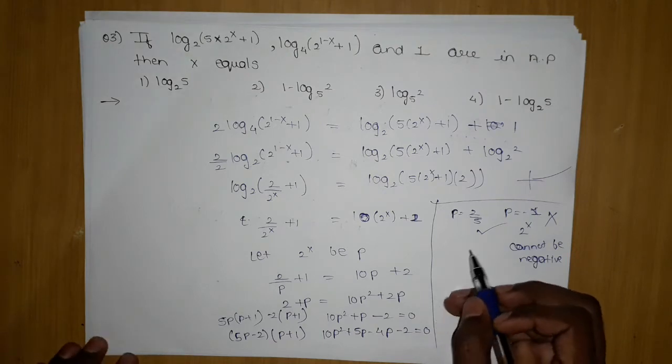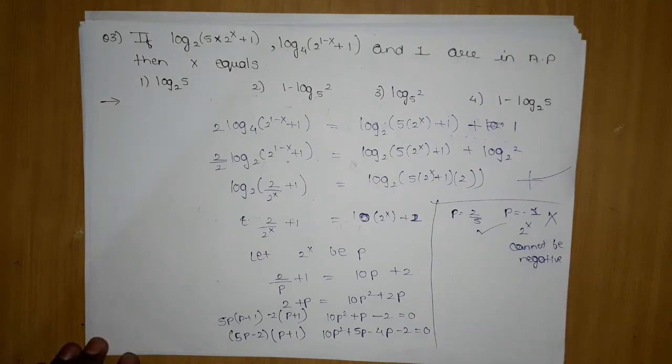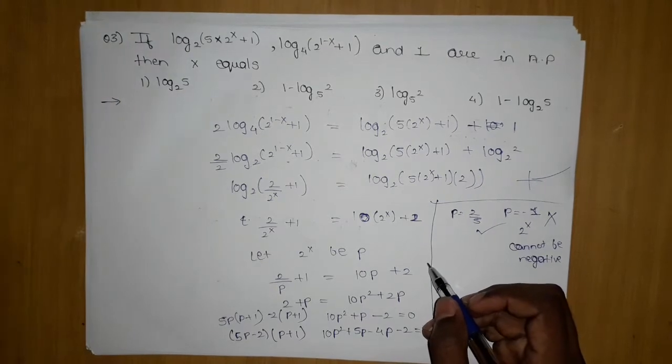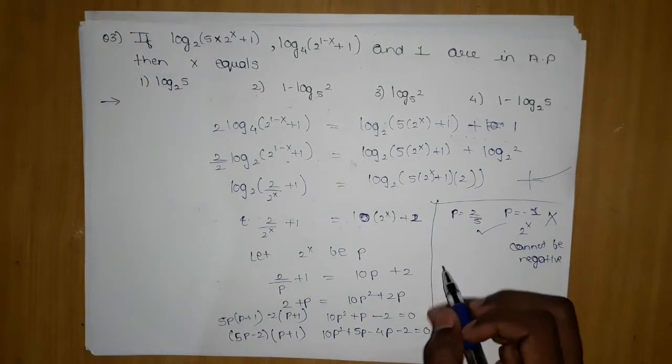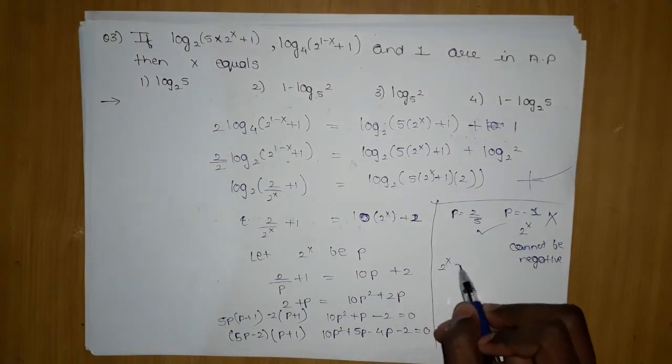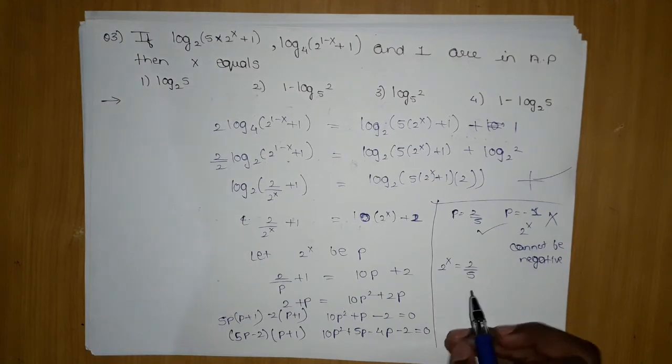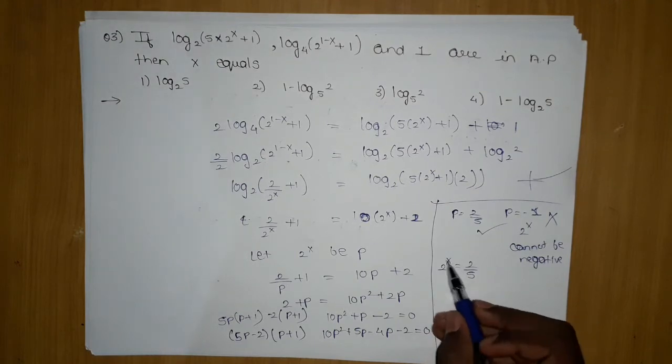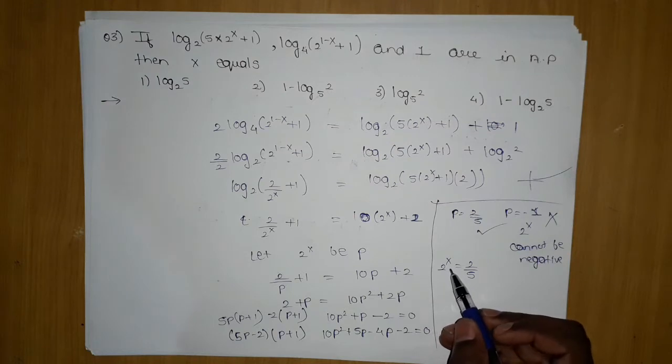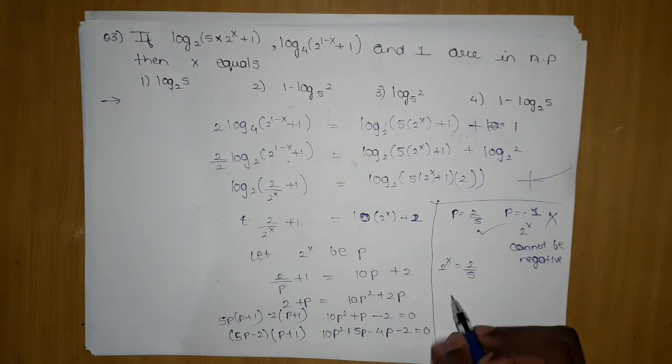Further on, let's substitute the value. If we substitute the value, we got the p value: 2 to the power x is equals to 2 by 5. So if we take log on both the sides, then we can take this x down.